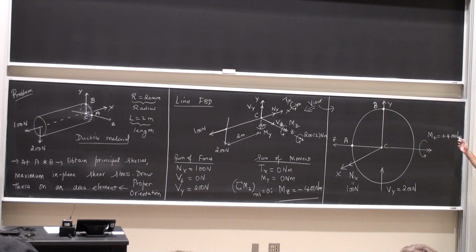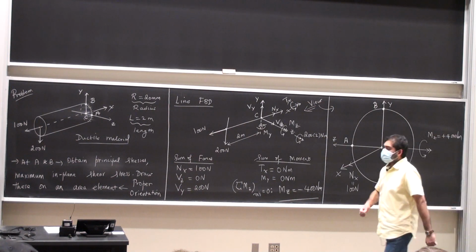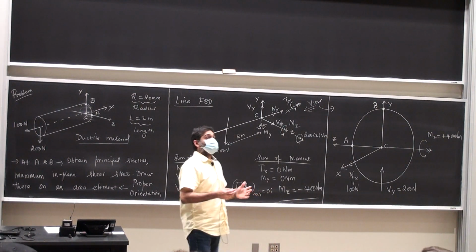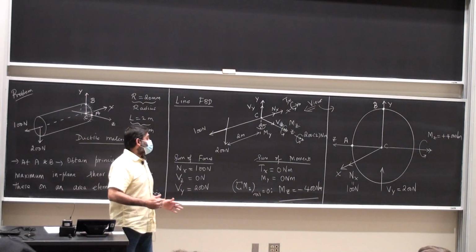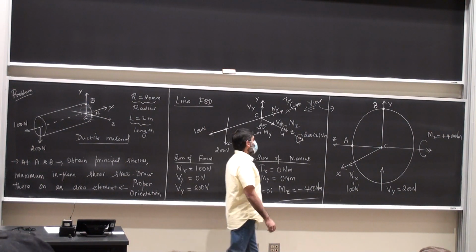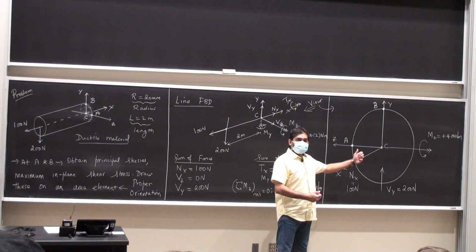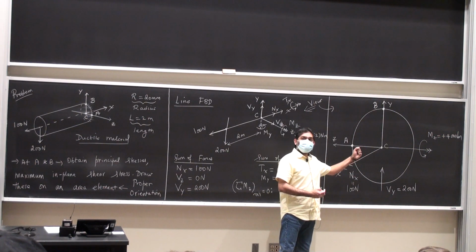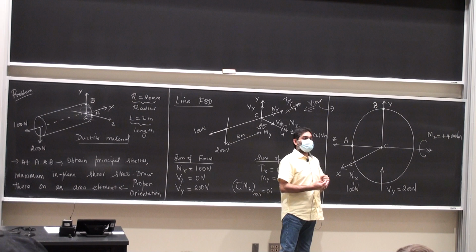Any questions so far? Okay. Now all we have to do is figure out what are the stresses at the point A and what are the stresses at the point B. Because you have a normal force, the normal force is going to exert an average normal stress at each and every point on the cross section.